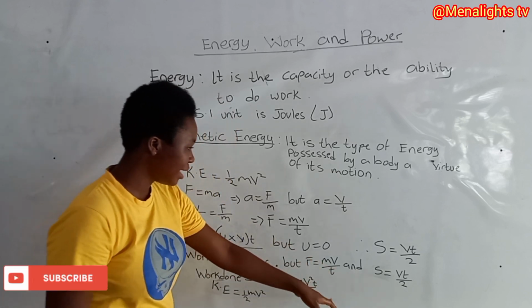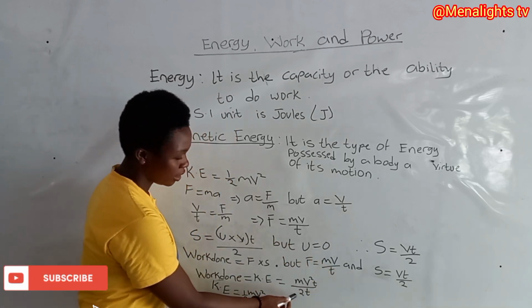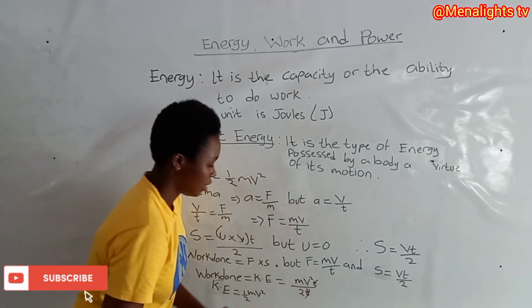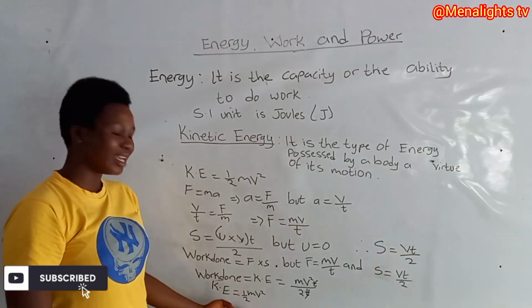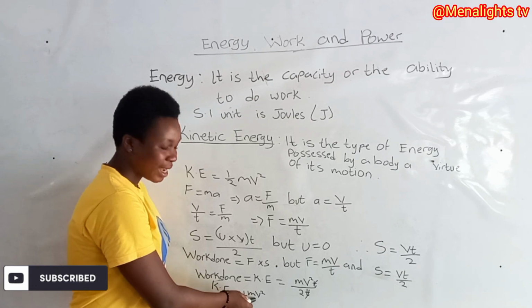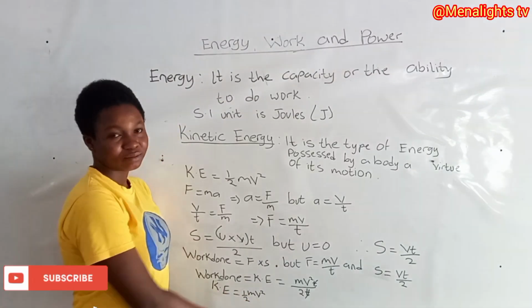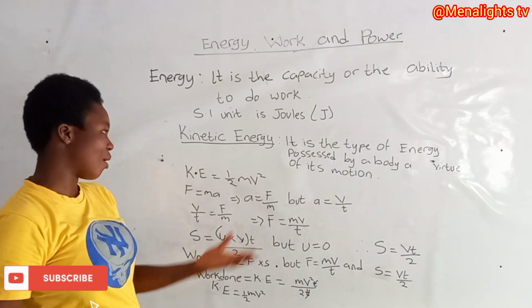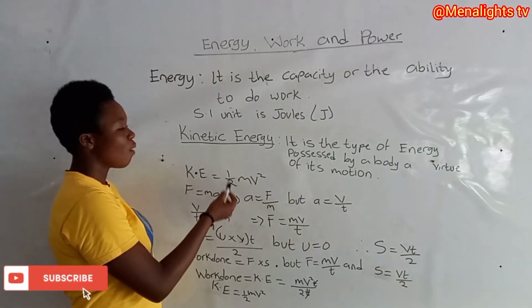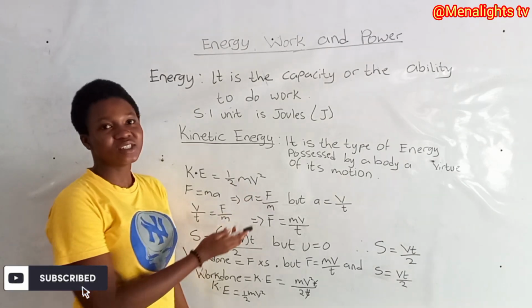When we multiply the two of them, the t cancels the t, so the kinetic energy, which is equal to the work done, is 1/2 mass times velocity squared. This is how we came about this formula: kinetic energy is equal to 1/2 mv squared.